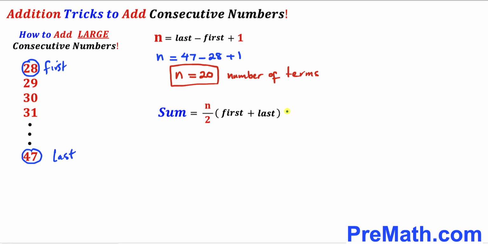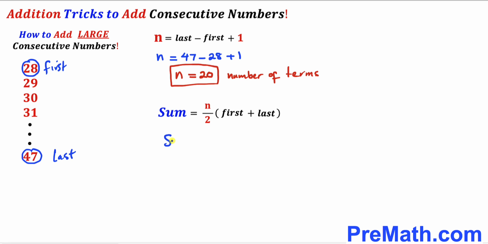Here's our very simple formula to add these numbers: the sum is always equal to n divided by 2 times the first number plus the last number. We already figured out n is 20, the first number is 28 and the last number is 47.